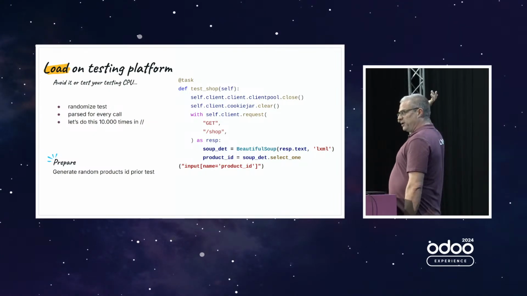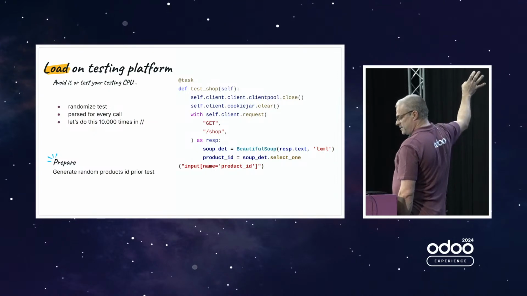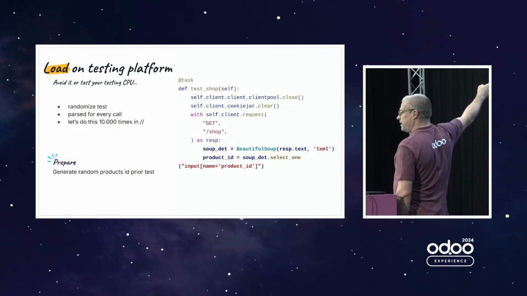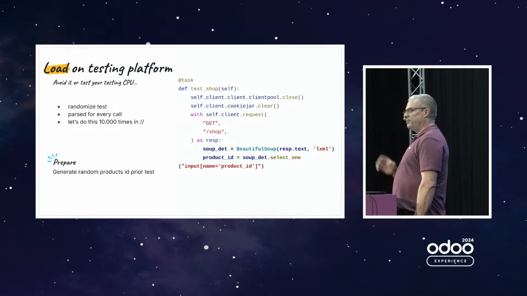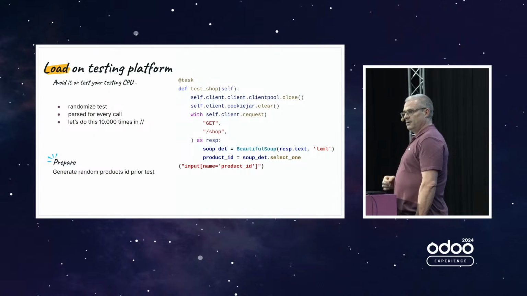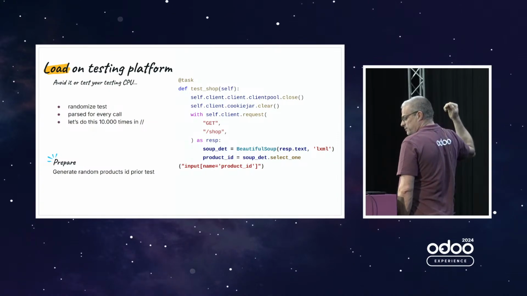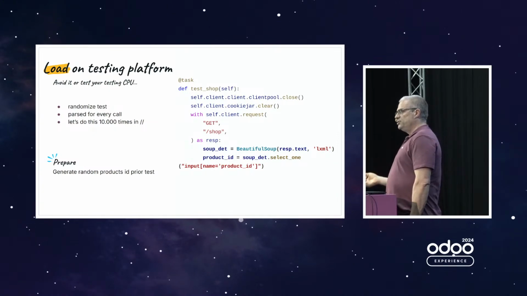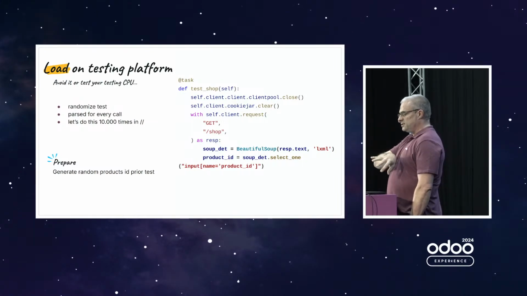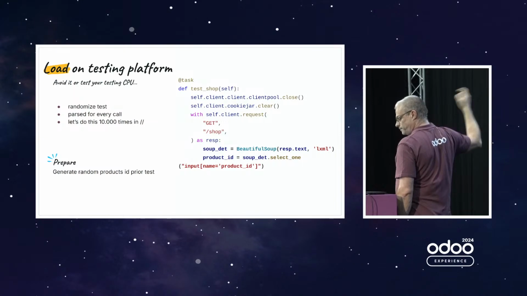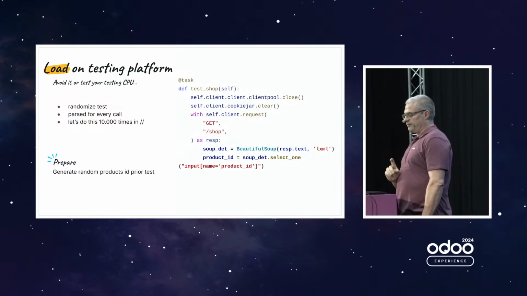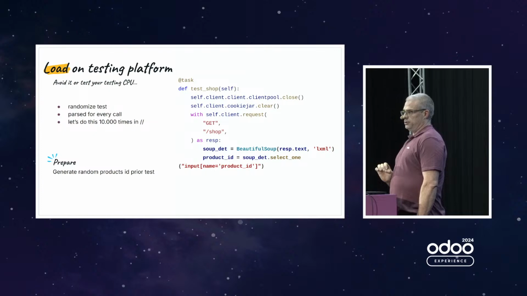This works perfectly. If you run this 10,000 times in parallel, the only thing you will do is burn CPU on a load testing platform and not at all on the server, because it takes too much time to do this. So the idea is to generate the product IDs in text files and reuse them instead of parsing the result here.